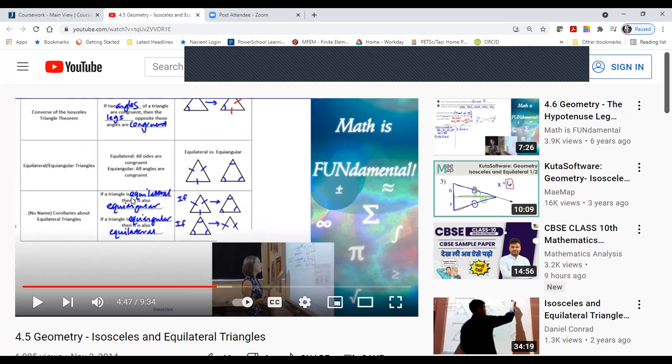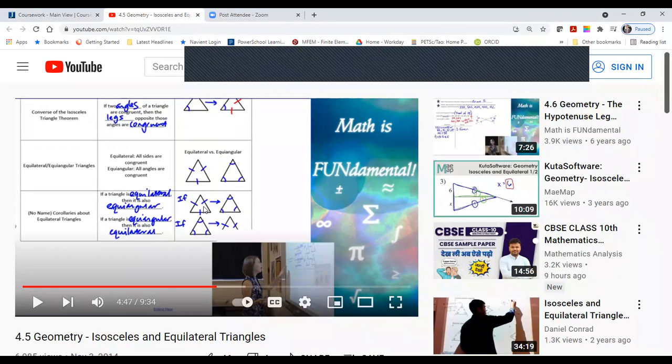So if a triangle is called equilateral, then it is also equiangular. So all of the sides are congruent, I mean all the angles are congruent.